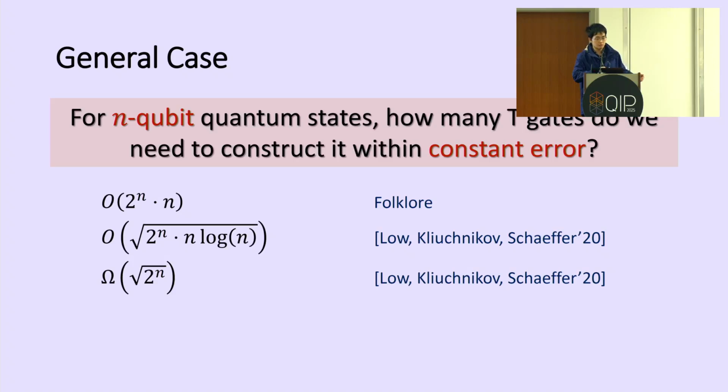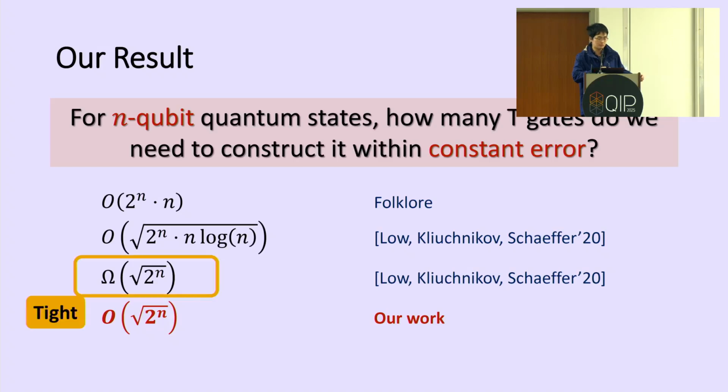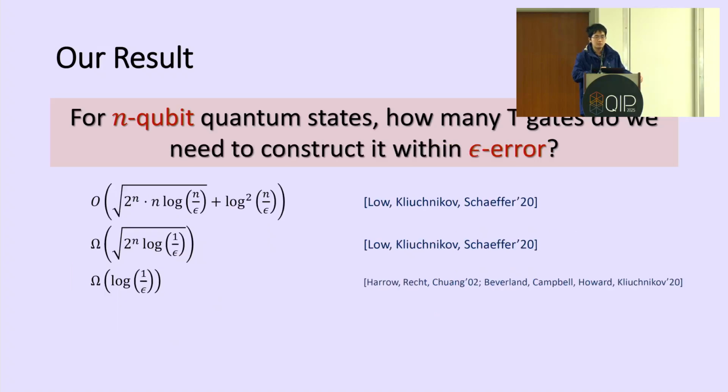In this regime, our contribution is to improve the upper bound. We show that you can shave those n log n factors, and this is asymptotically tight considering their lower bounds. So for the constant error case, both the upper bound and the lower bound are square root 2 to the n. Okay, so what about the general case?